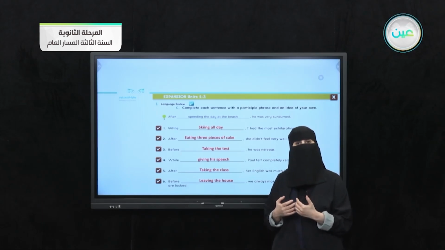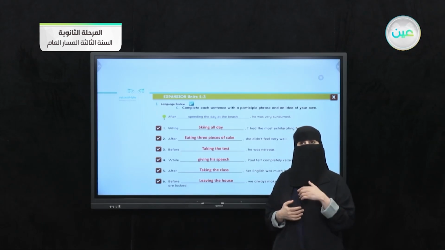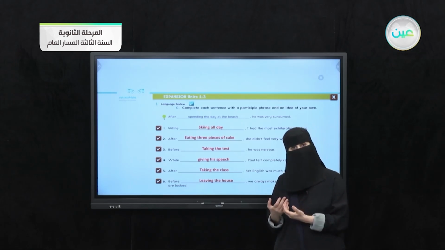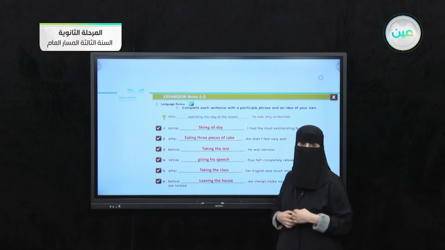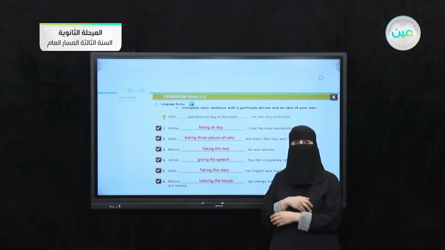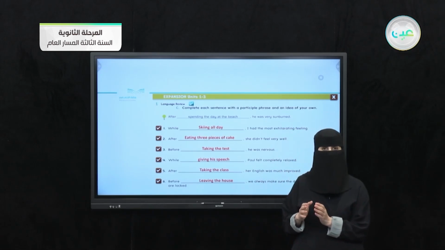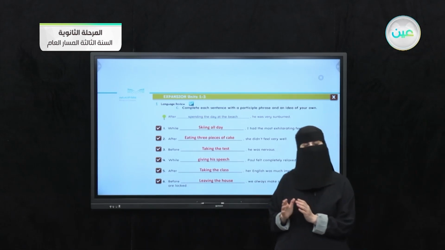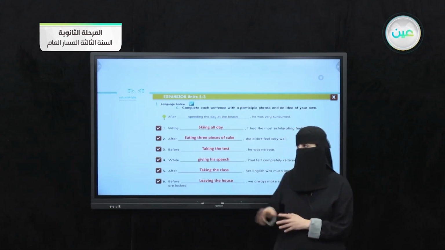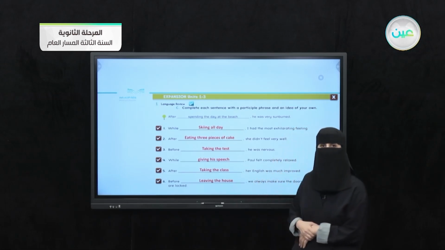I showed you on which page we can find this grammar, page 22 from Unit 2. And the last point, we talked about how to make a sentence from my own idea, applying the reduction of adjective phrases to make a noun clause.